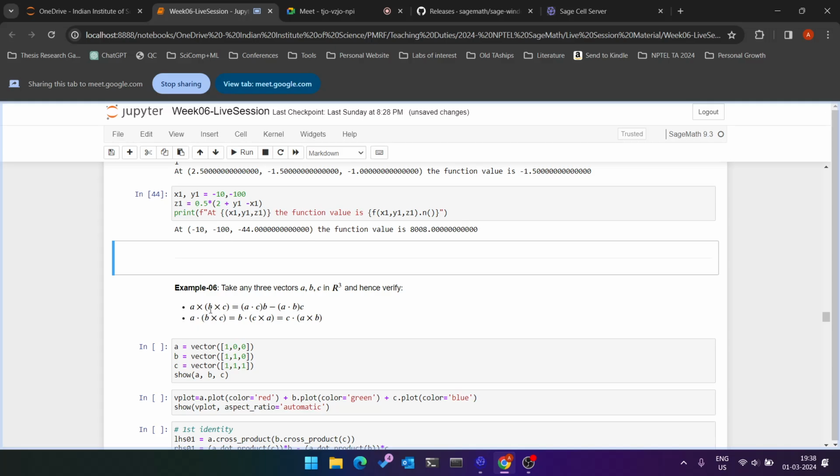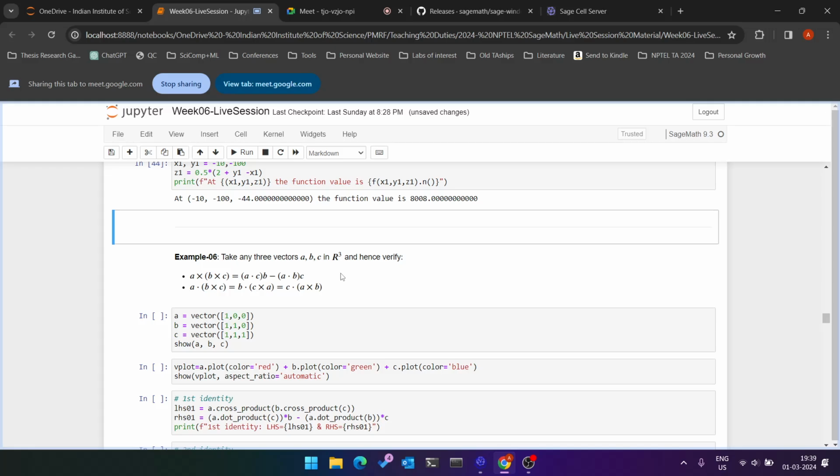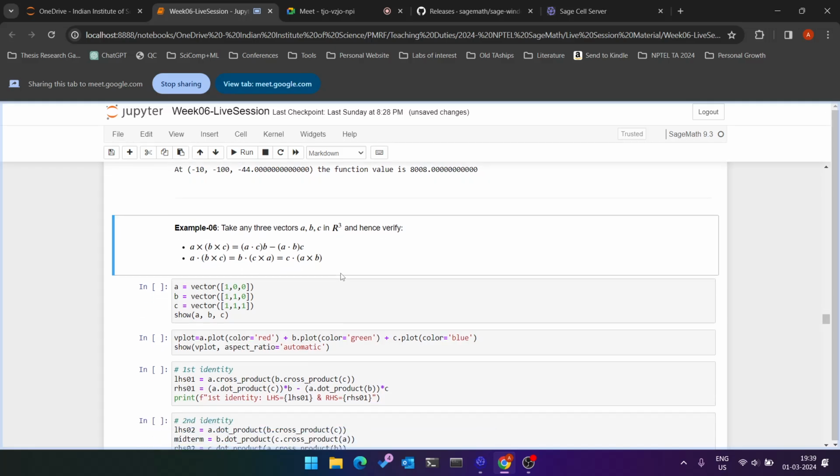The first one is on cross product: A cross B cross C is A dot C into B minus A dot B into C. And the second one is on a combination of dot product and cross product: A dot B cross C, B dot C cross A is C dot A cross B. So like a cyclic order here. The second one is also used in calculating, say, the volume of a parallelepiped, but I think we will be looking at that later.